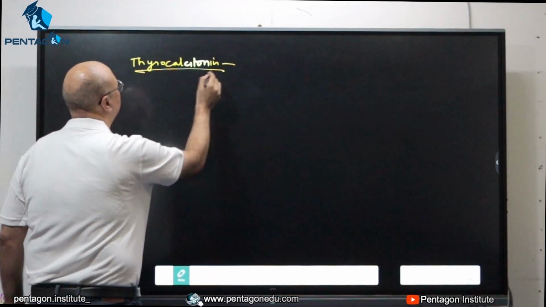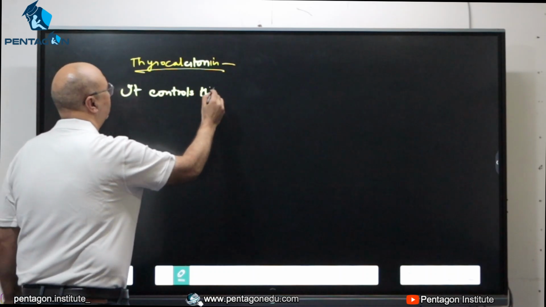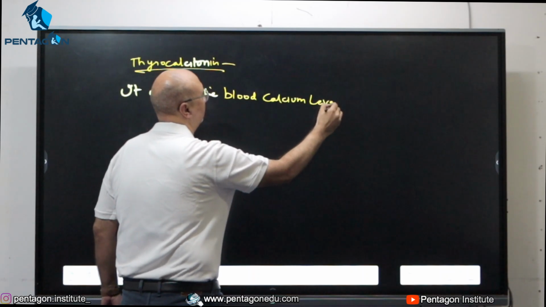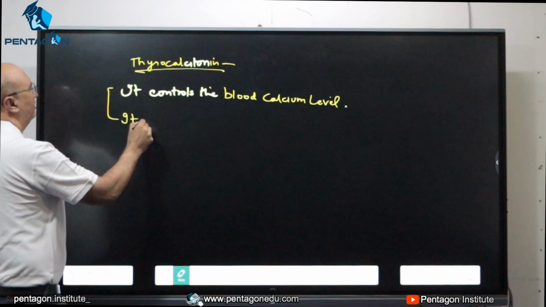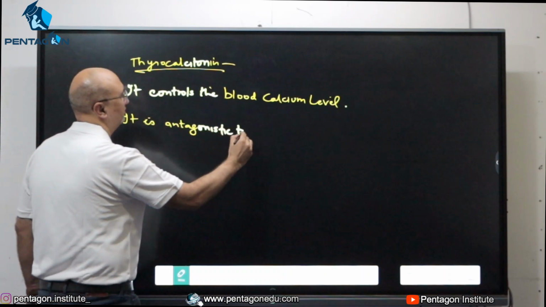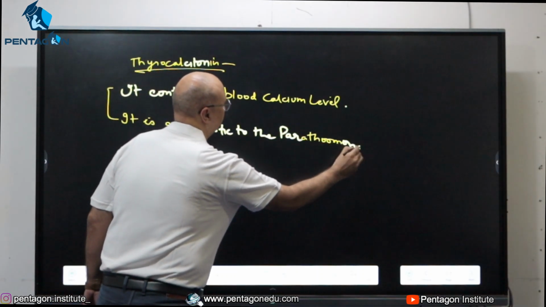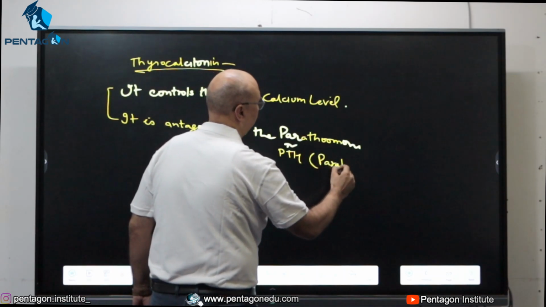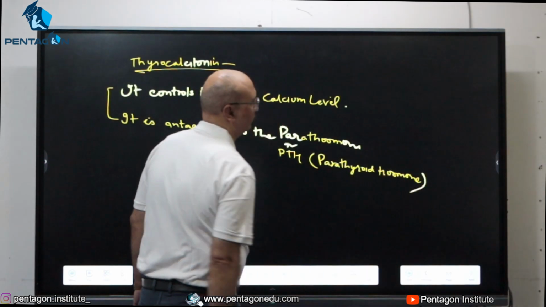Thyrocalcitonin controls the blood calcium level. It is antagonistic to the parathormone or PTH, parathyroid hormone.